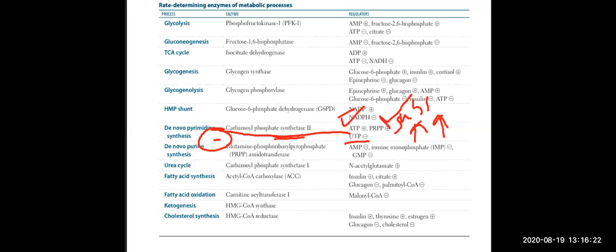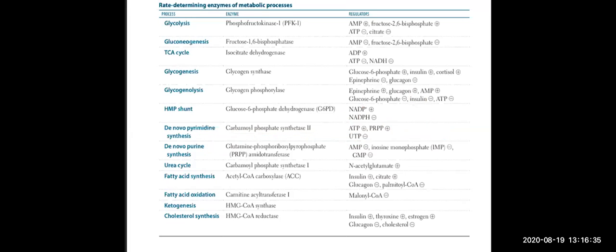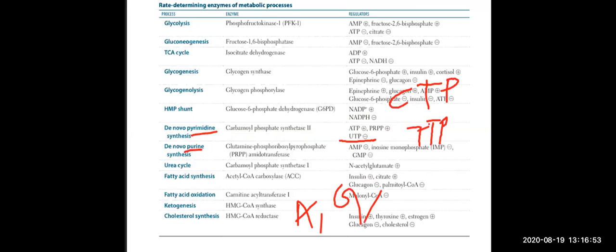So it will use these purine nitrogenous base energy molecules to create a pyrimidine nitrogenous base energy molecule. You should get my point now. UTP, TTP, and CTP are your pyrimidines. For purines we have A and G.